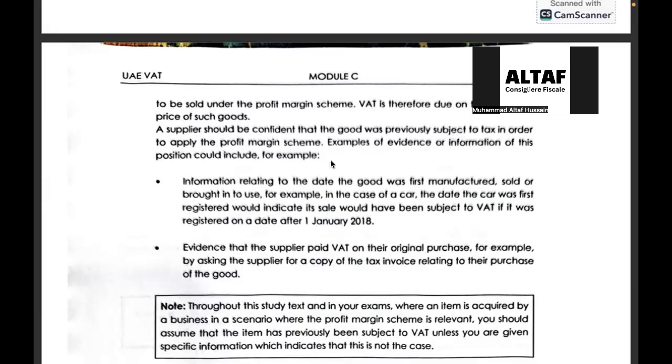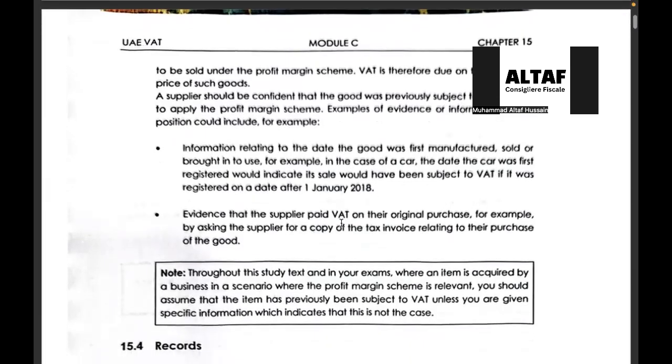Examples of evidence could include information relating to the date the good was first manufactured, sold, or brought into use. For example, in the case of a car, the date the car was first registered would indicate its sale would have been subject to VAT if it was registered on a date after 1 January 2018. So that's indicative evidence.